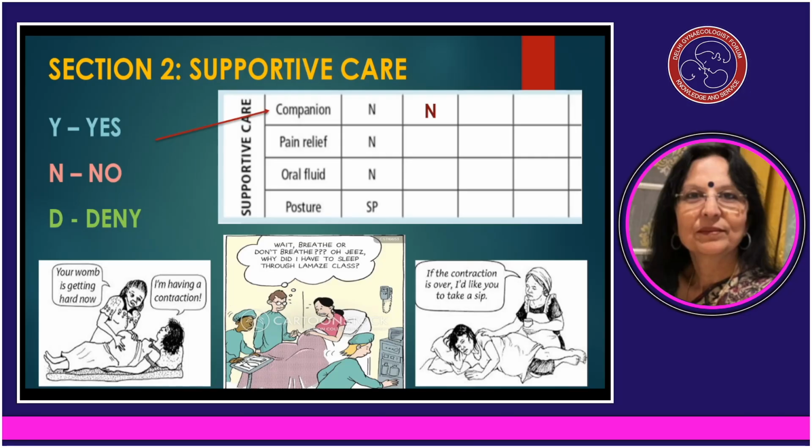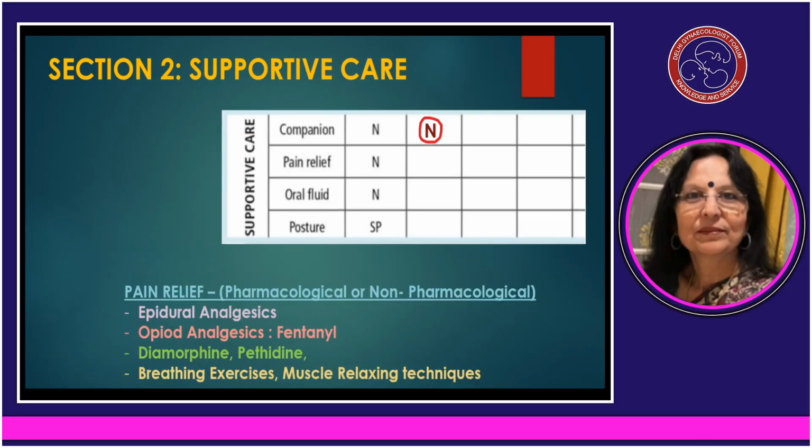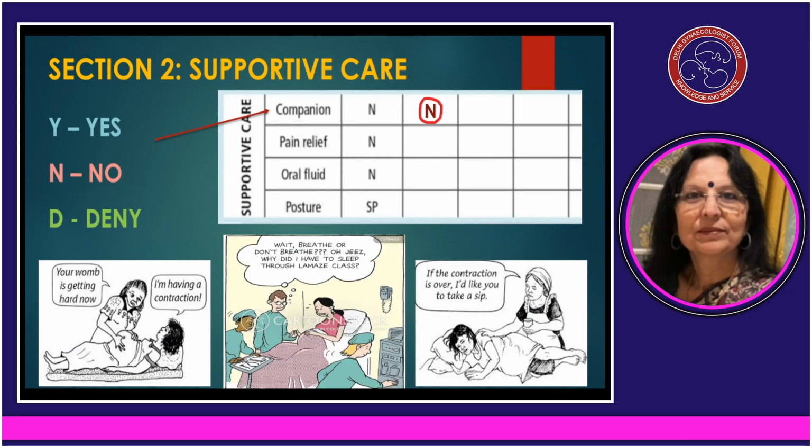So this will be encircled. In case you have written a no, you will offer to give her a companion. And in case you have written a Y or a yes or a D or a denial, then you will encourage the patient to choose a companion of her choice throughout the labor.